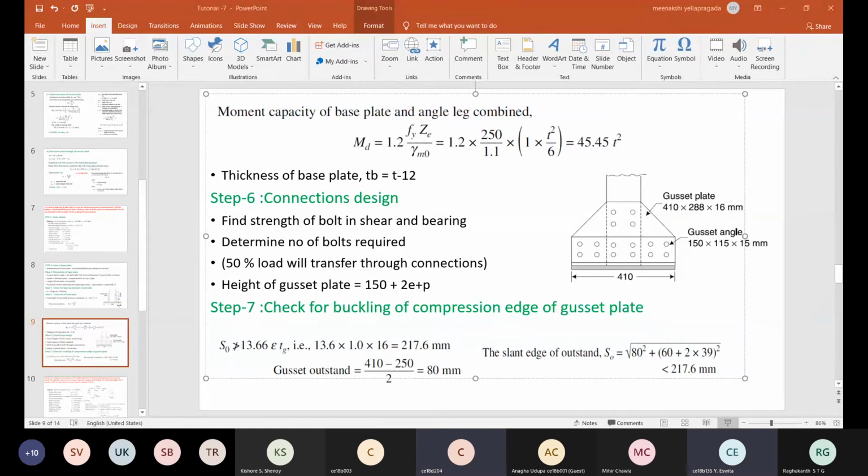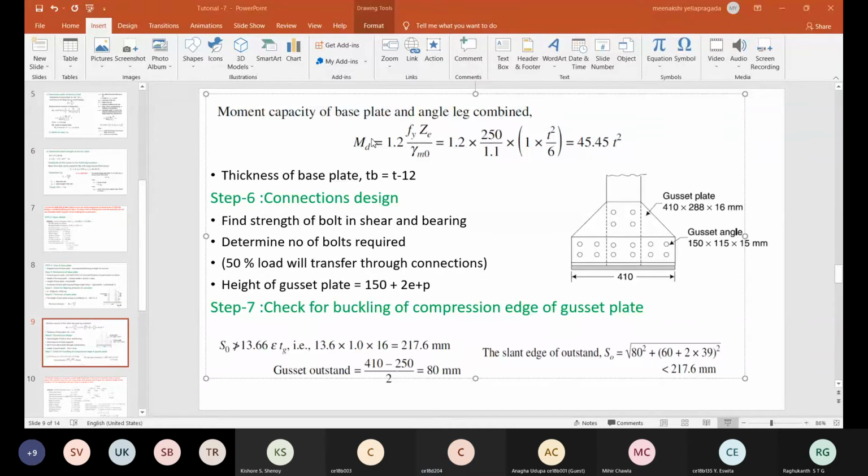29 mm. Yes. So what is the TB now? 29 minus 12, which will be 17. Everybody understood how to calculate the thickness of the base plate?